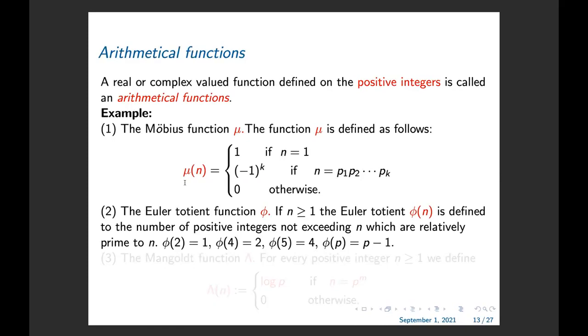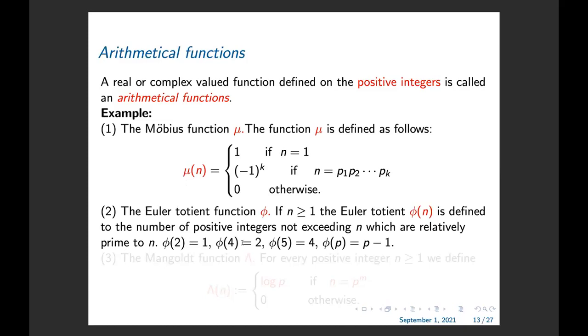That is, phi of n counts all the positive integers lying between 1 and n which are co-prime to n, right? For example, we can say that phi of 2 is equal to 1 because 1 is the only number which is co-prime to 2. So phi of 2 is 1.